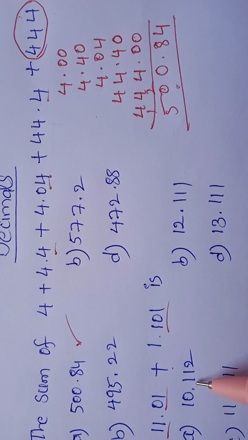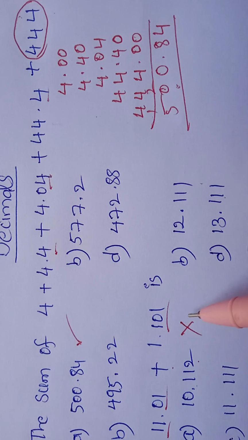Here after the point 3 numbers are there, here 3 numbers are there, here 3 numbers are there. So we have to add. Simply I will cut this one answer because 11 is above this number.